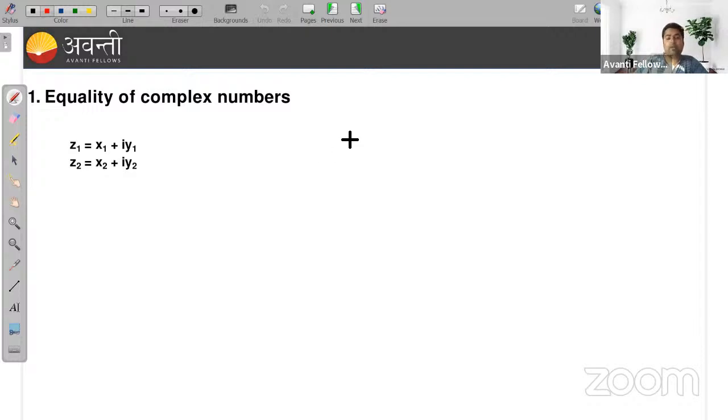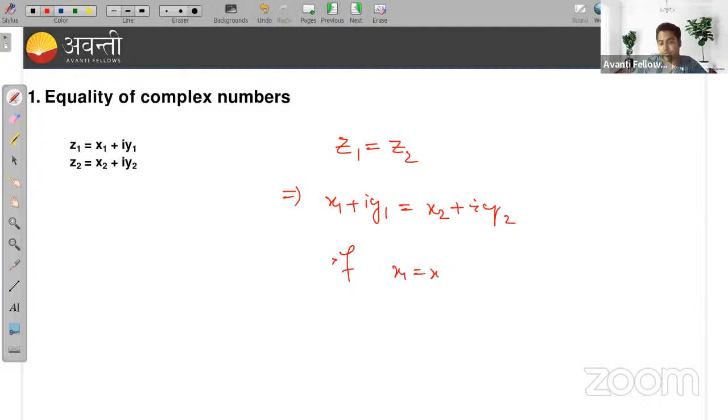The condition is Z1 is equal to Z2, that is x1 plus iy1 is equal to x2 plus iy2. Here the condition is that x1 is equal to x2 and y1 is equal to y2, then we can say both complex numbers are equal.